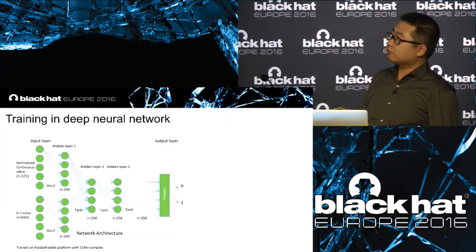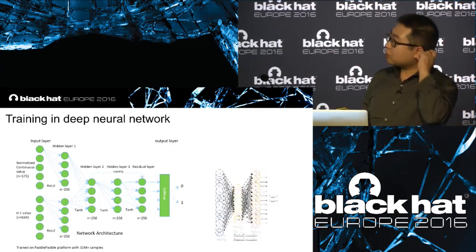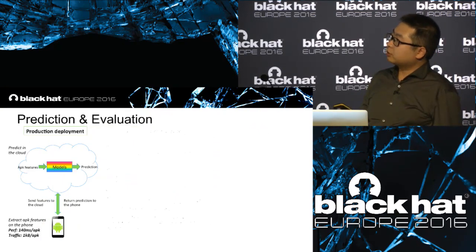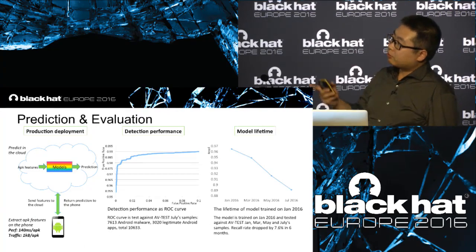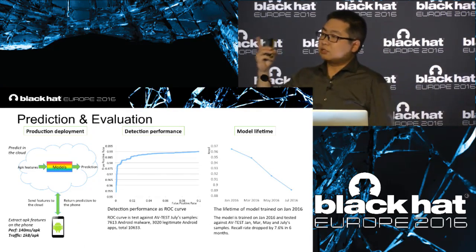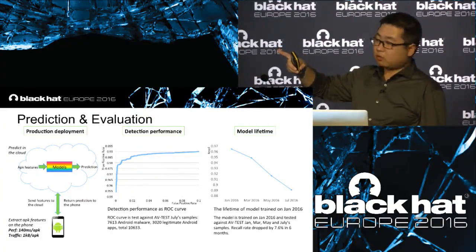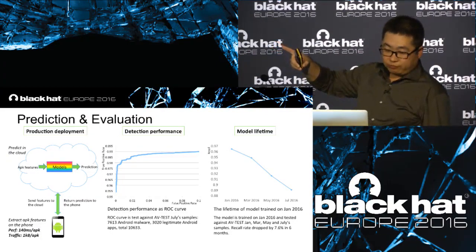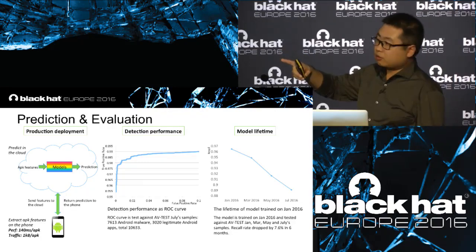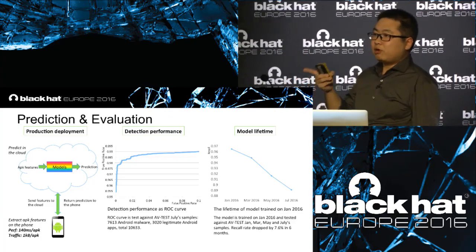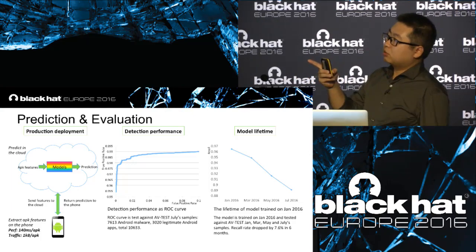You can see the ROC curve shows the false positive rate. The x-axis of the ROC curve in the middle figure is the false positive rate. Our model has very good detection.